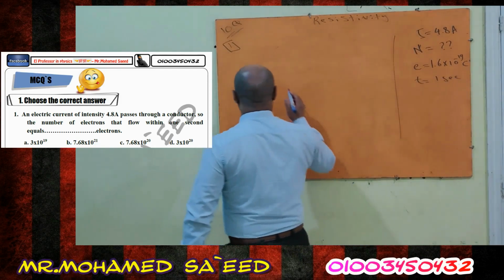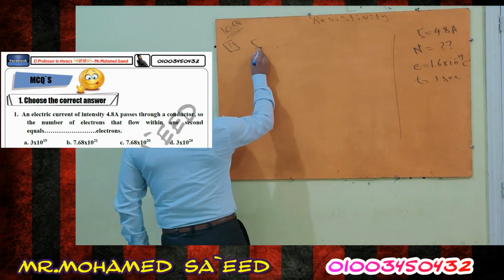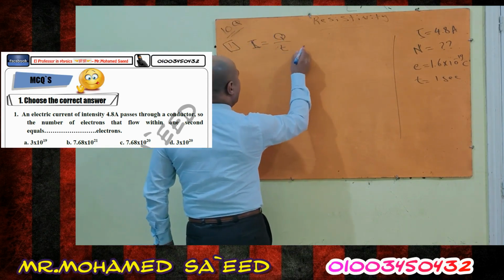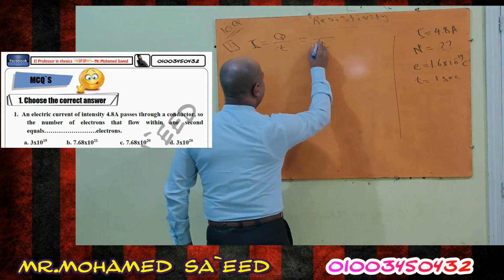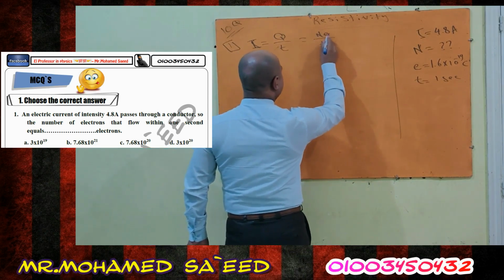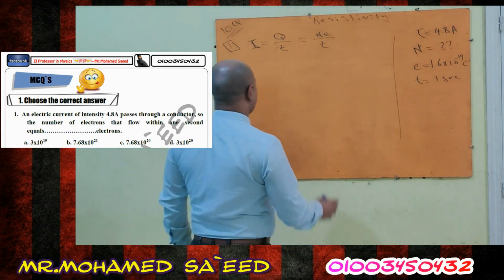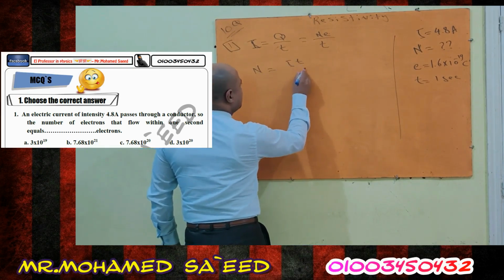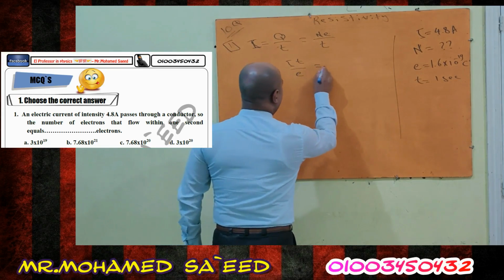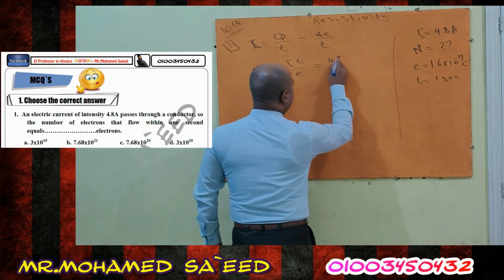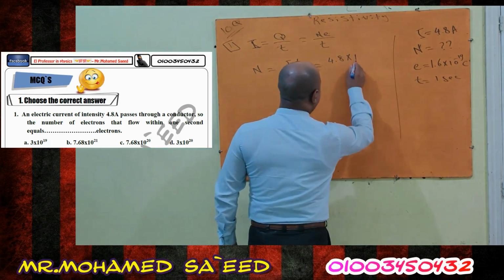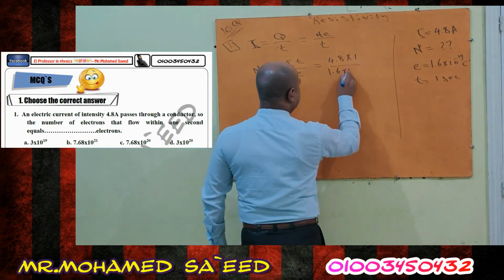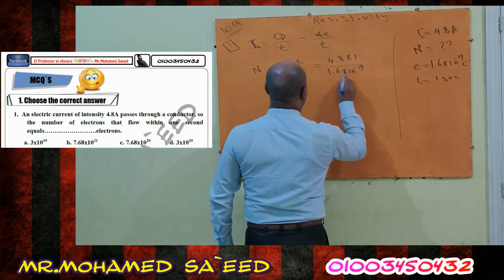Okay, we have learned before that I equals Q over T, and Q equals what? Q equals number of electrons times the charge of the electron. So N equals what? N equals I times T over E. I 4.8 times time 1 second over the charge of electron 1.6 times 10 to the power negative 19.